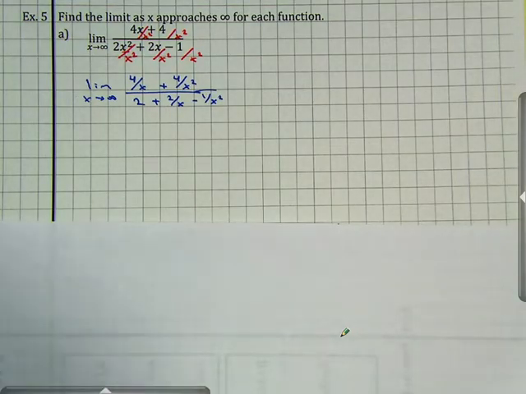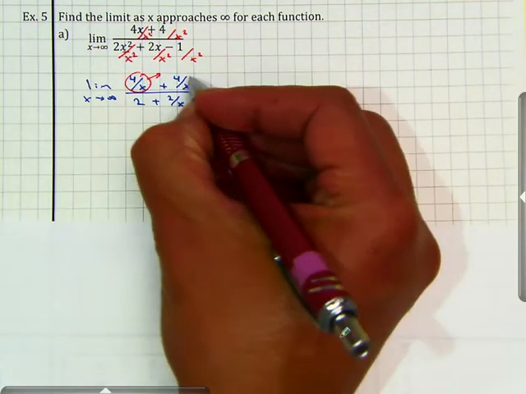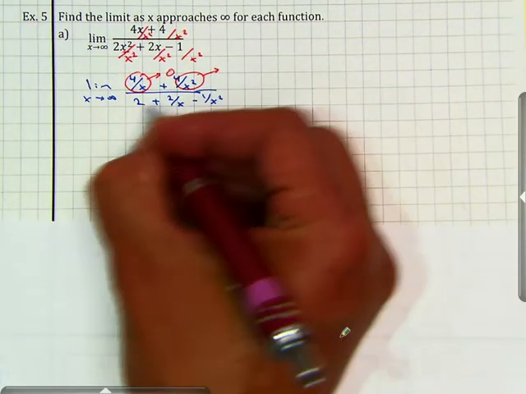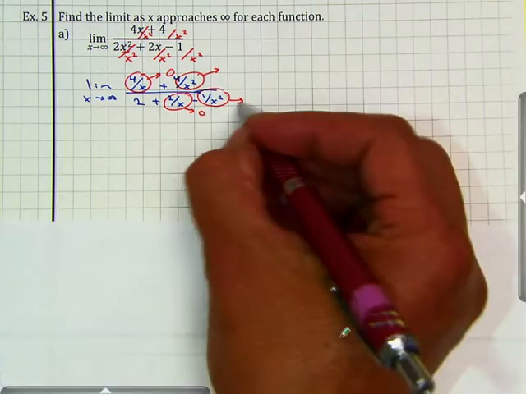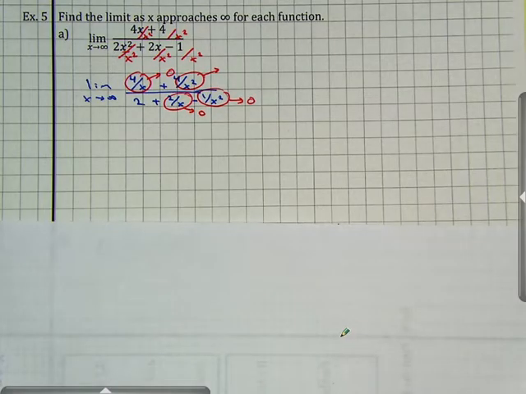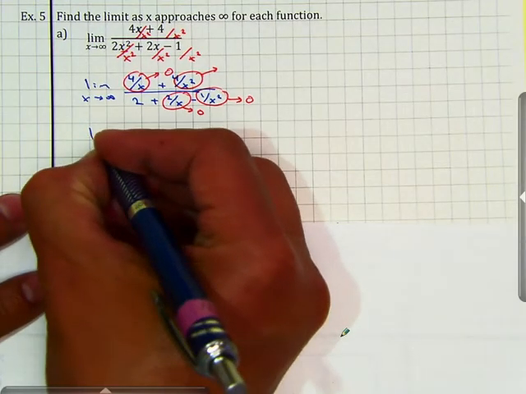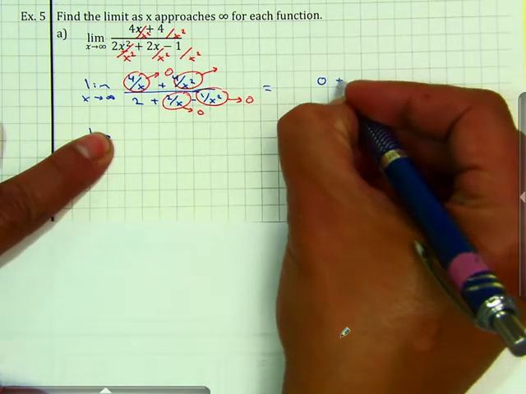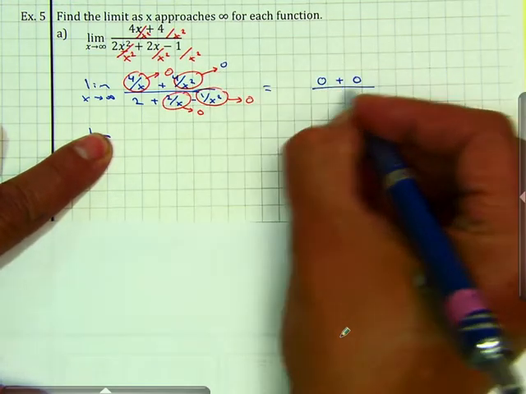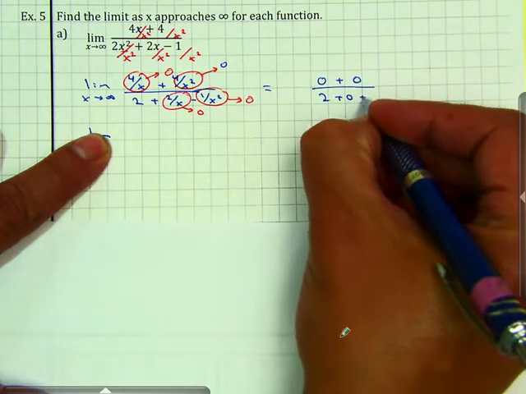As x approaches infinity, this approaches 0, this approaches 0, this approaches 0, and this approaches 0, according to our previous cutout. So I'm going to end up with 0 plus 0 over 2 plus 0 plus 0.